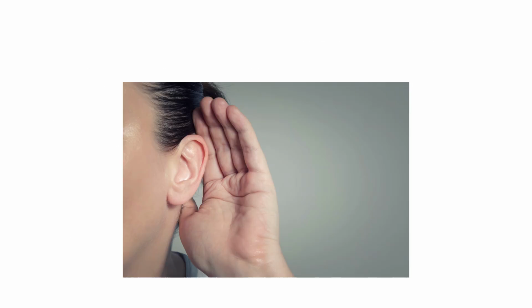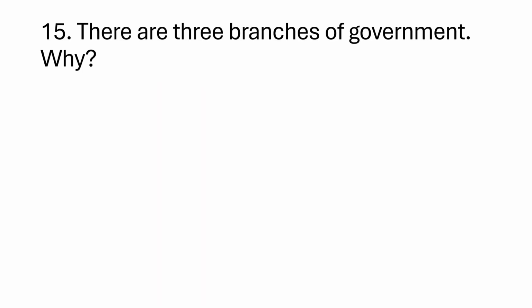Next question. There are 3 branches of government. Why? Say the answer if you know it. There are 3 branches of government. Why? Notice here that the why comes at the end.